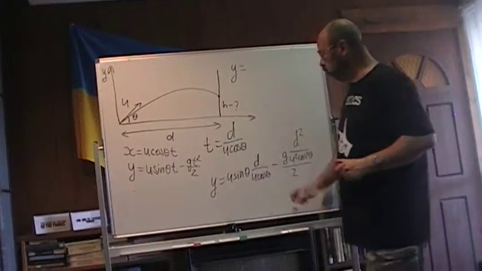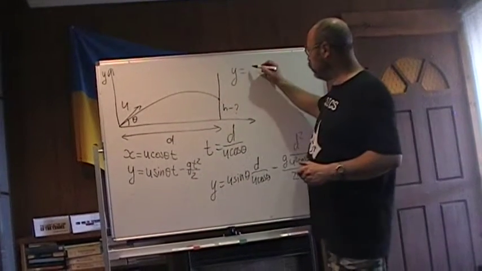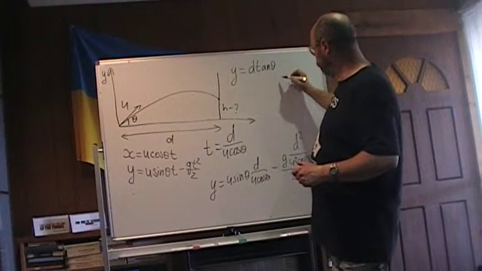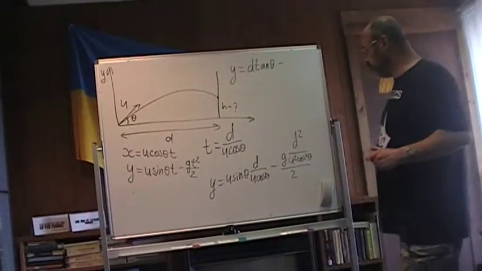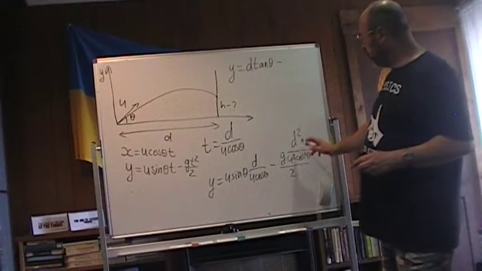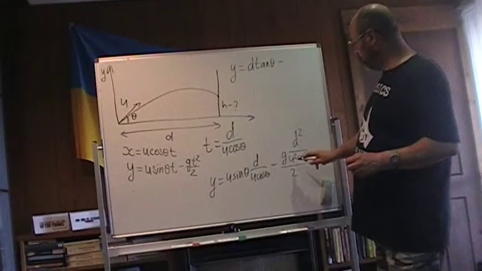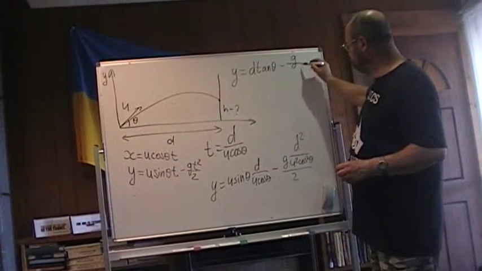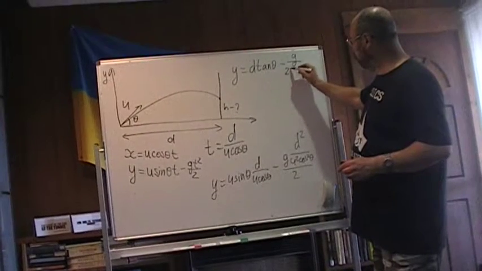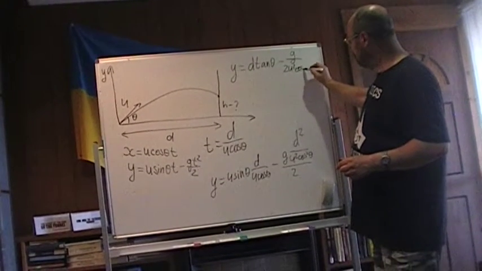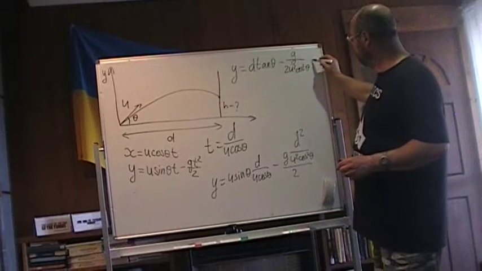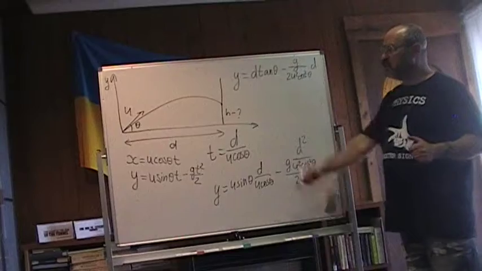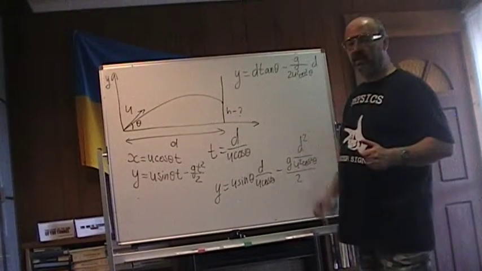So y equals, u and u cancel out, so we have d tangent theta minus, let's write it as, g over 2u squared cos squared theta times d squared. So substituting values, we can find at what height it will hit the wall.